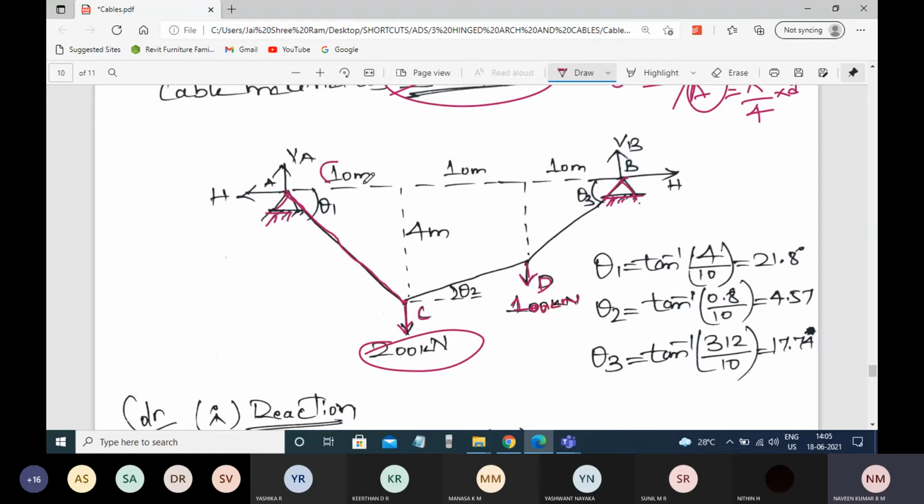These dimensions are given. The horizontal dimension between each segment, from A to C, is 10 meter, 10 meter, 10 meter.